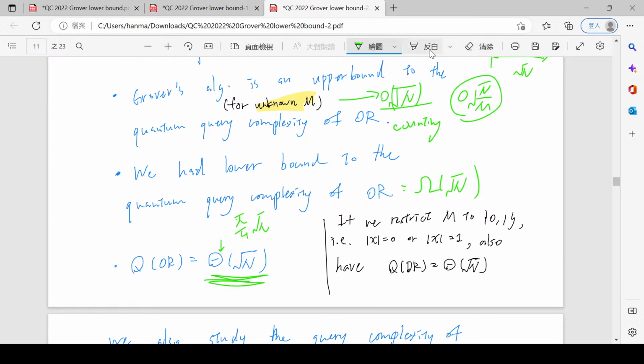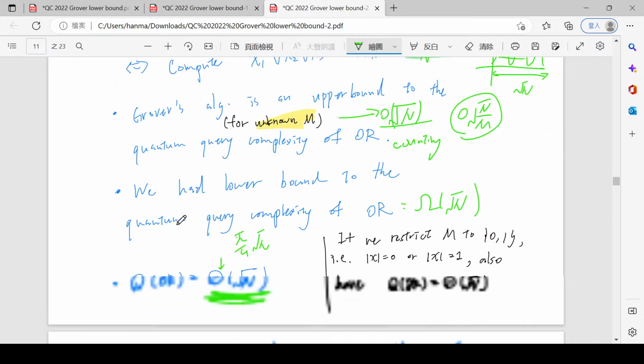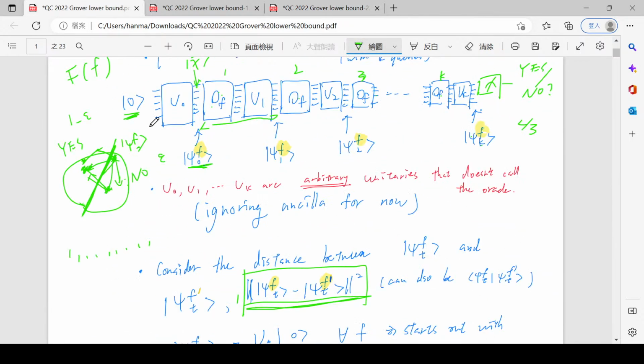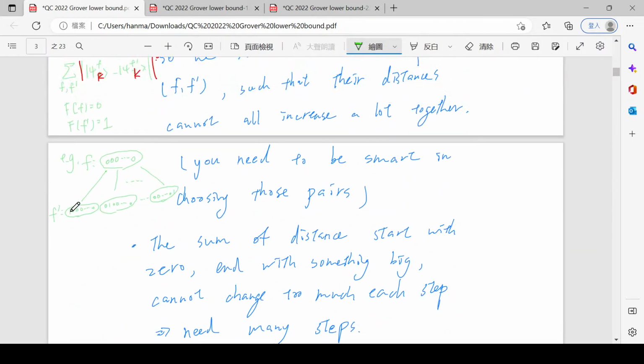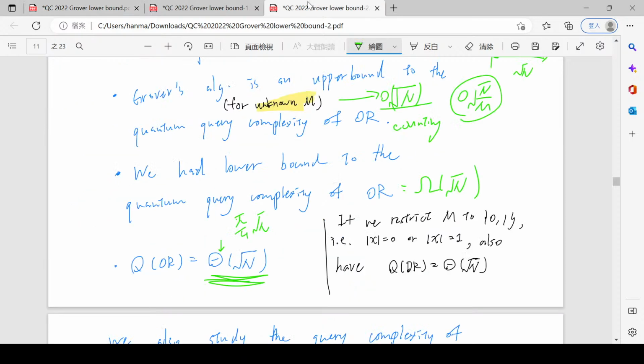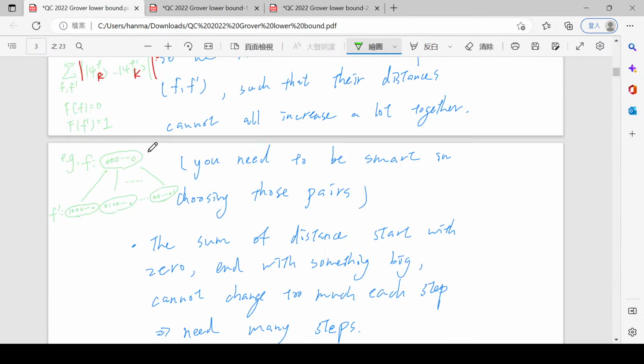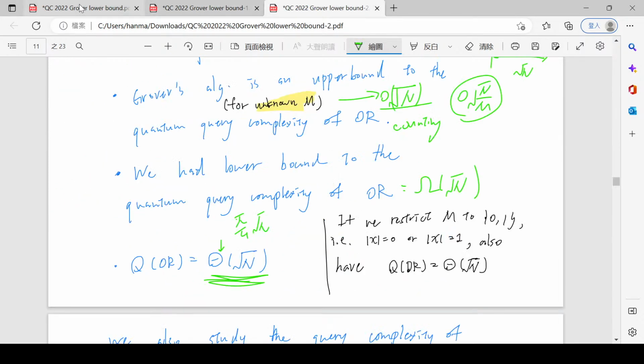And there is another way to phrase our lower bound result. Remember back here, our lower bound doesn't actually count everything. Our lower bound only uses the inputs where 0 or 1 of the items is marked. Obviously we can also run the upper bound on those states. So we can think about this problem with a promise.